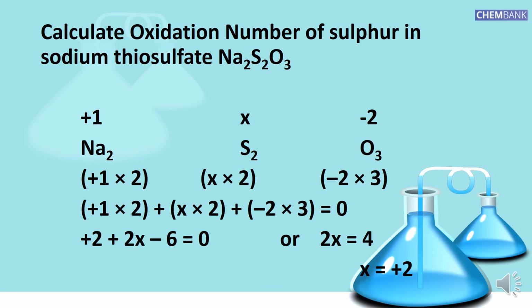And for oxygen, -2 multiplied by 3. So when you solve, you will get X as +2. The oxidation number of sulfur in sodium thiosulfate, Na2S2O3, is +2.